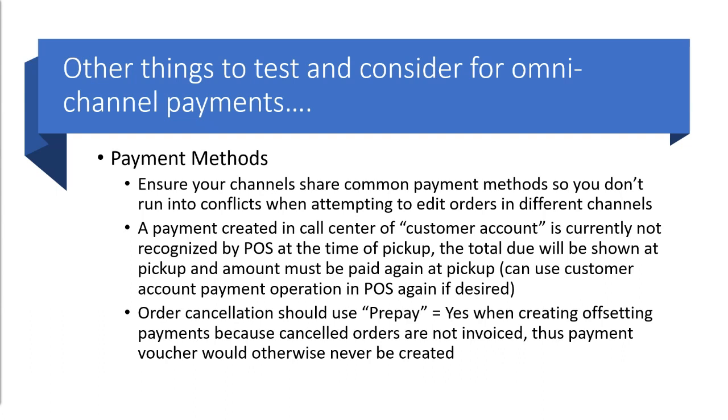If you later want to cancel that order, whatever payment you add to cancel that order needs to be marked as a prepayment. The reason for that is when you cancel an order, it never gets invoiced, so the vouchers associated with the payments for that order are never created. But when you mark those offsetting payments as prepayments, then those payments will offset.